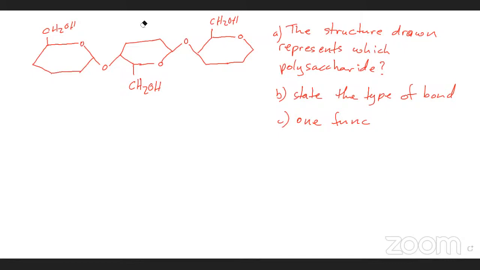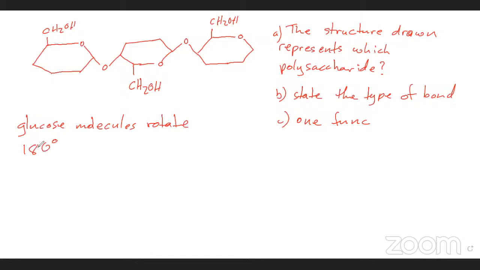If they ask you for a description of cellulose, where you say it turns upside down, we say the glucose molecules rotate 180 degrees.